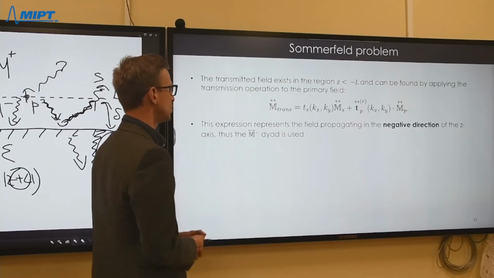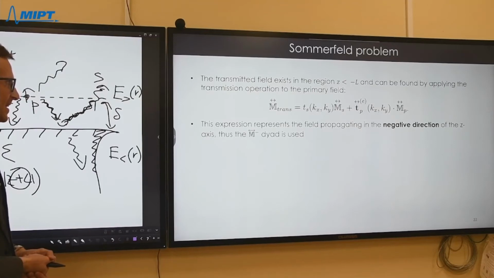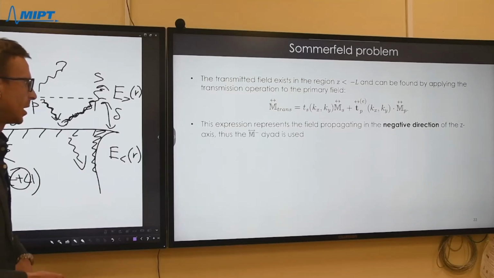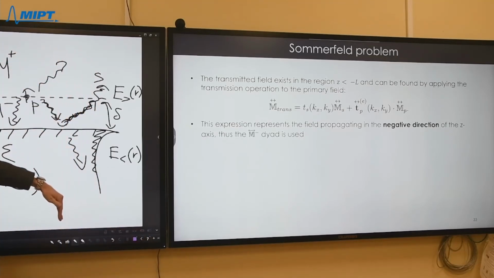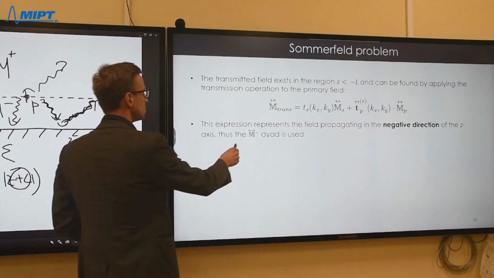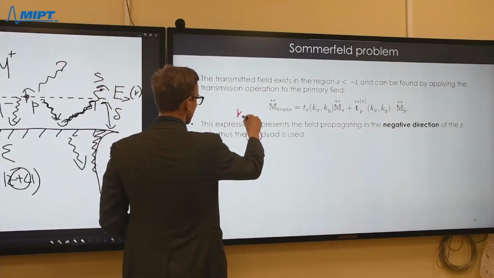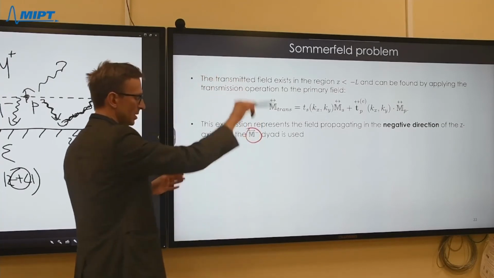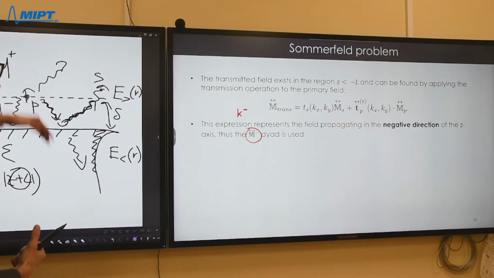Now we need to do the same for transmitted fields. The procedure is pretty much analogous to what we have just done for the reflected fields. First of all, because we are dealing with the field that propagates in the negative direction of the z-axis, we are using the M minus dyad, which has k minus in the Cartesian representation. That's because the field propagates downwards.